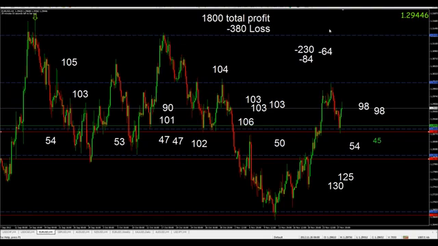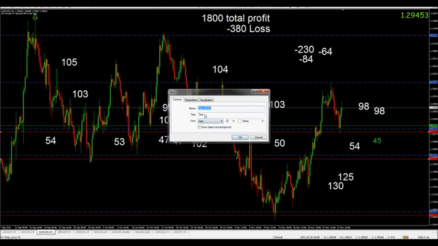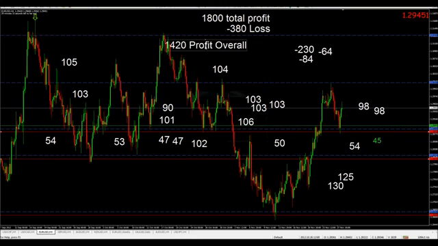So you could now liquidate all the positions on your account, and you would have made a total profit of about 1,420 pips profit overall.